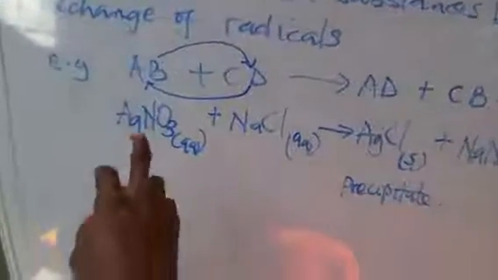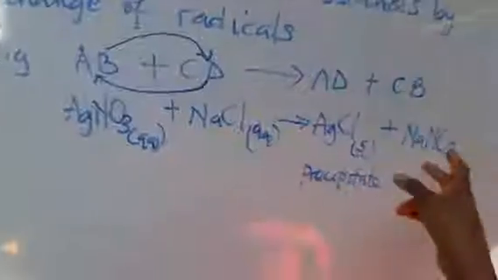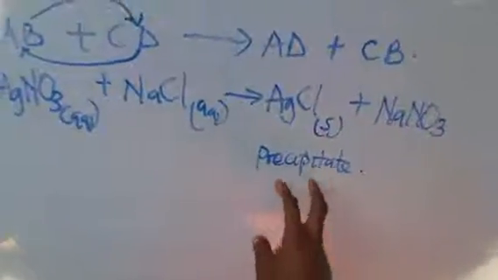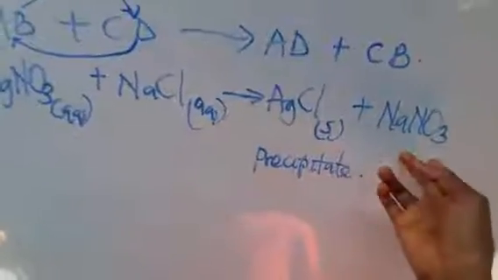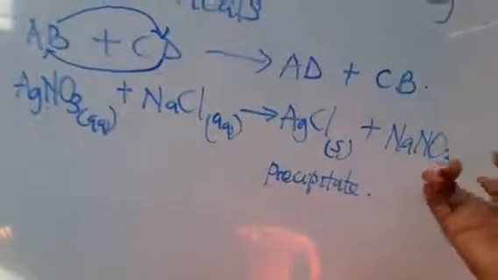Like we see here, they are aqueous, so they are both soluble, but one of the products here, silver chloride, is not soluble, so it comes out as a precipitate in the reaction medium, while sodium nitrate is soluble.